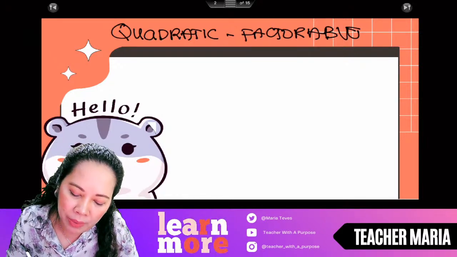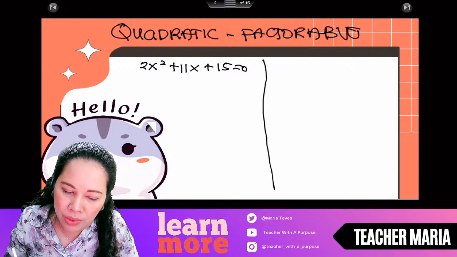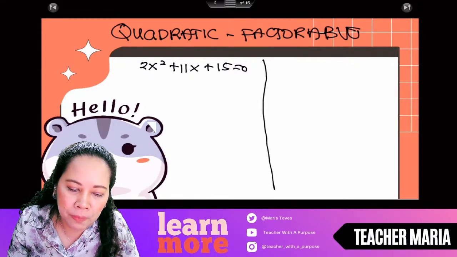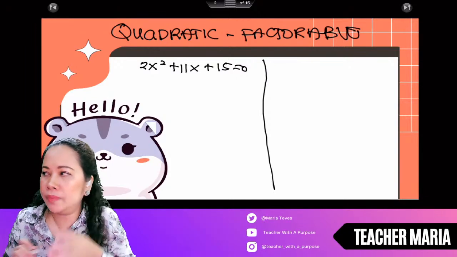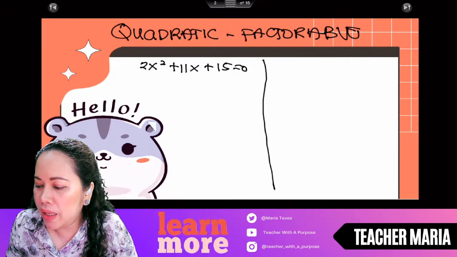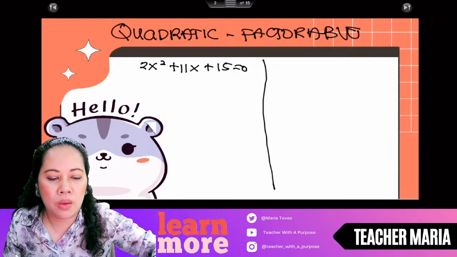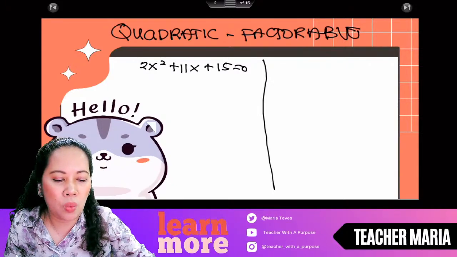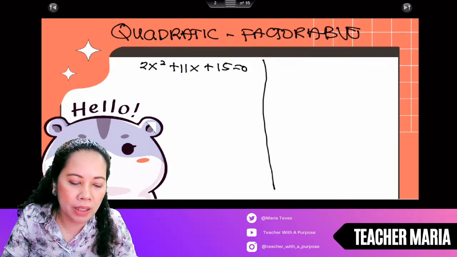So let's say, for example, you have 2x squared plus 11x plus 15.